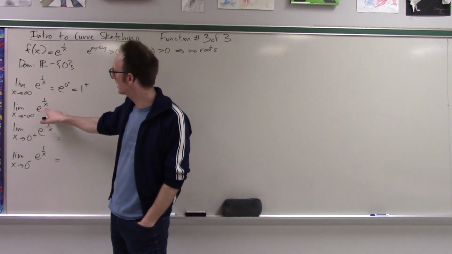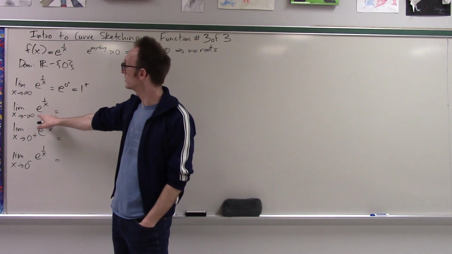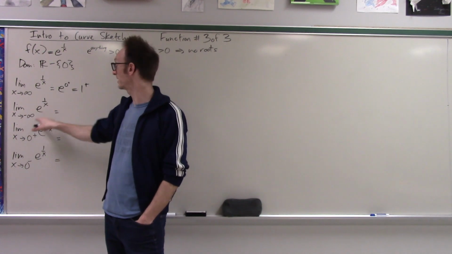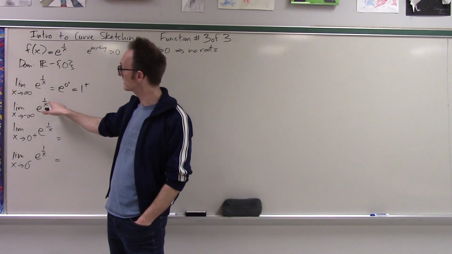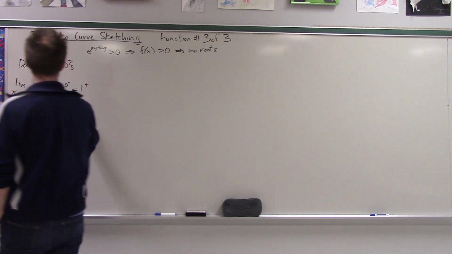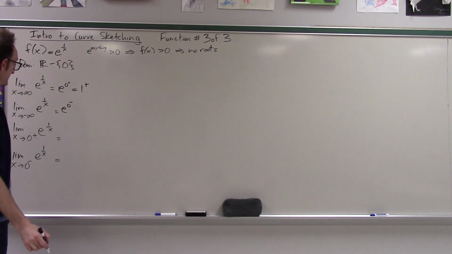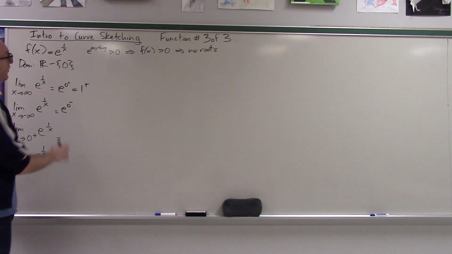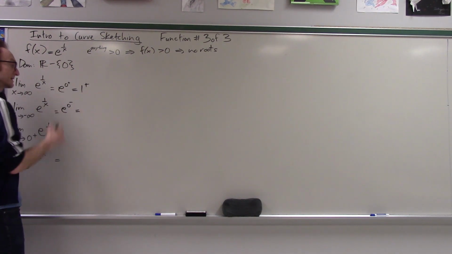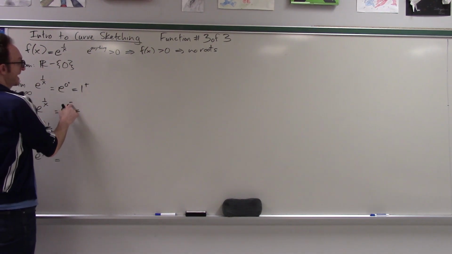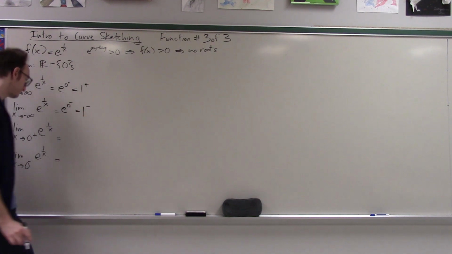Okay, what about over here? Well, now, when you plug in like negative 1,000,000, you're going to get 1 over negative 1,000,000, so that's going to be a tiny negative. So this is going to be e to the 0 minus, and what is e to the 0 minus? Well, again, e to the 0 is 1, so e to the something a tiny bit less than 0 is a tiny bit less than 1.